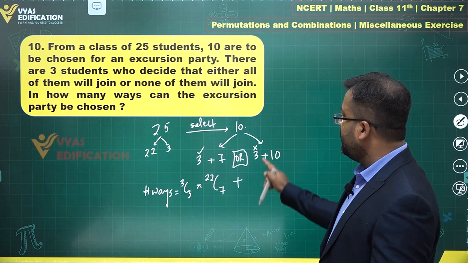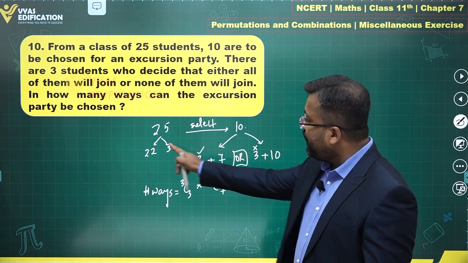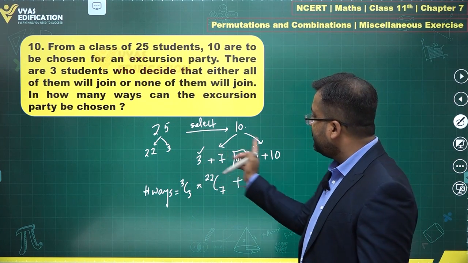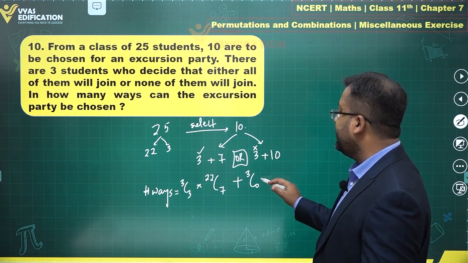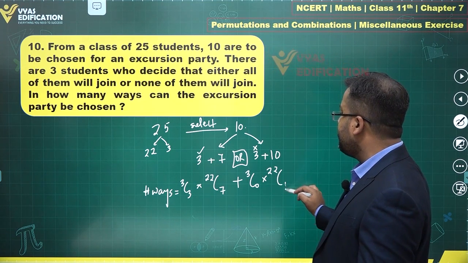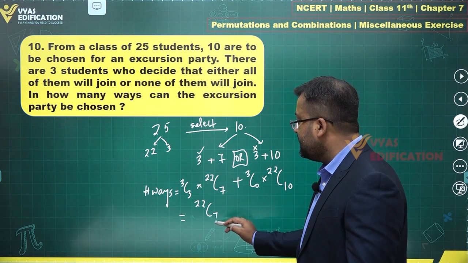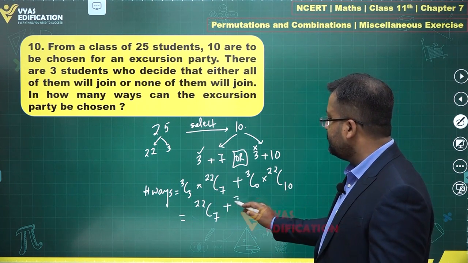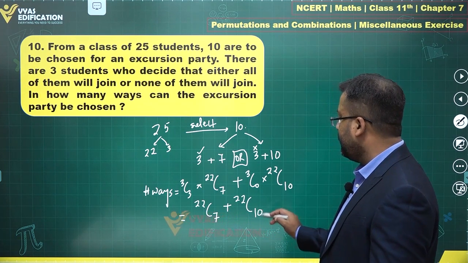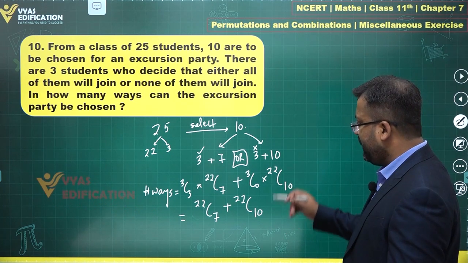Plus, because of this or, if those 3 are excluded, you have to choose the 10 from these 22. Out of these 3, none are chosen, 3C0, and out of 22 you select 10. So this is 22C10. The number of ways would be 3C3 times 22C7, this is 1 and this is 1, plus 3C0 times 22C10. So 22C7 plus 22C10, that's the number of ways.